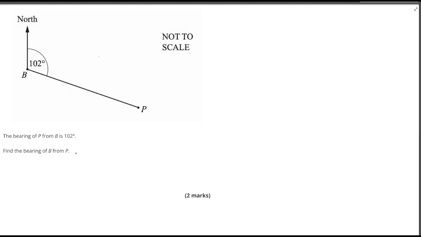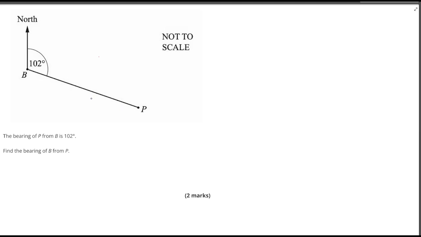Now let us first understand the bearing of P from B. It means the angle which this segment BP makes with the north at point B. So when the bearing of P from B is given, it means you are given the angle which the north direction makes at point B with segment BP.